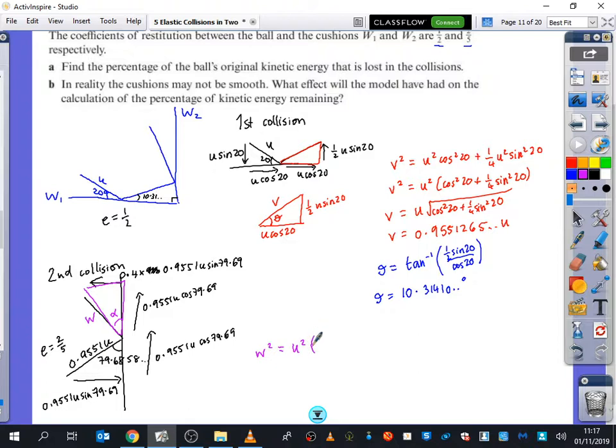So it's going to be u squared and then this thing here squared, which is going to be 0.955 cos of 79.69 squared plus 0.4 times 0.955. Because both of them have got a u in. 0.9551 sine of 79.69, and all of that is squared.